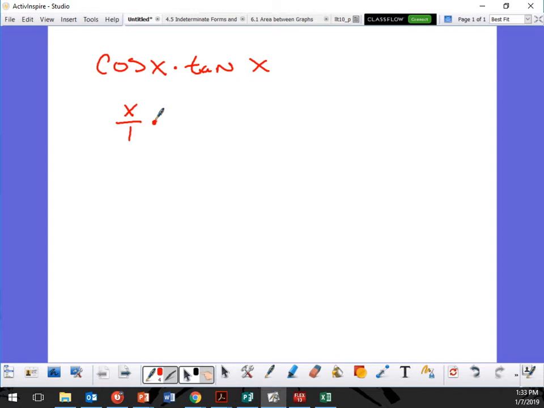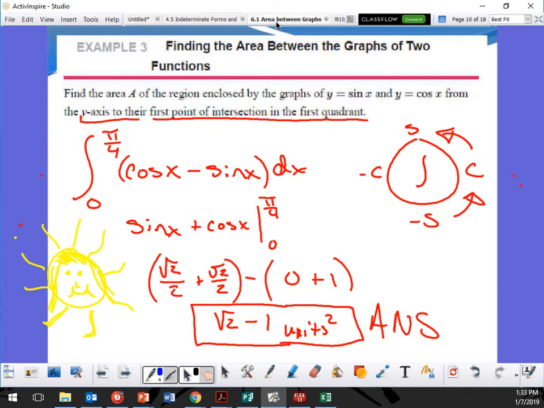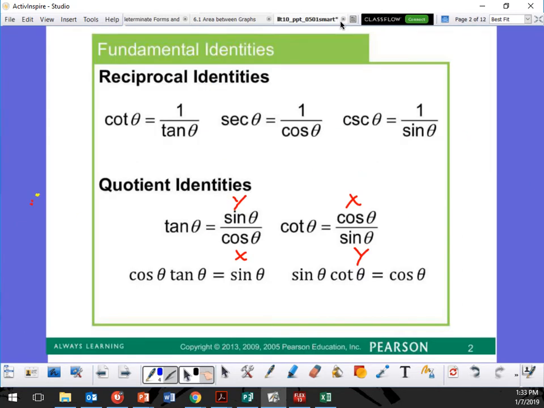Y over X. What's going to happen right there? Very good. X's cancel out. So this is what I was saying about this becoming easy, because this just turns into Y over 1. And so Y over 1 is sine. Thank you. That's what I'm looking for. See, cosine times tangent is going to give me sine.